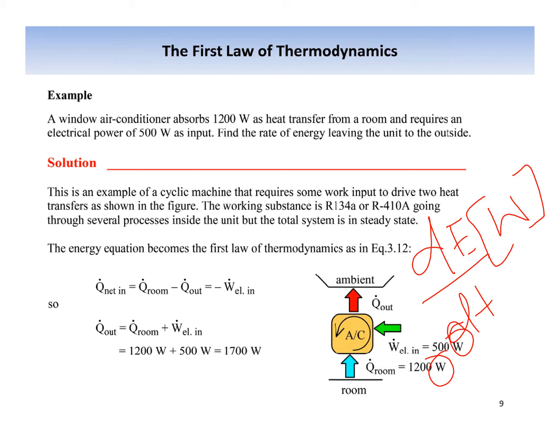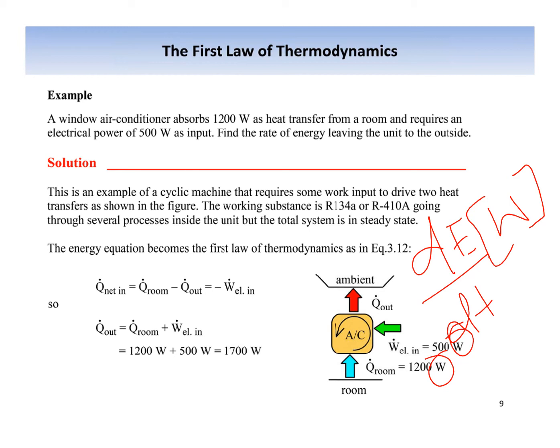So this AC takes 500 joules per second of energy per unit time, and uses that energy to pump 1200 joules per second of energy per unit time and move it in the direction of a higher temperature.